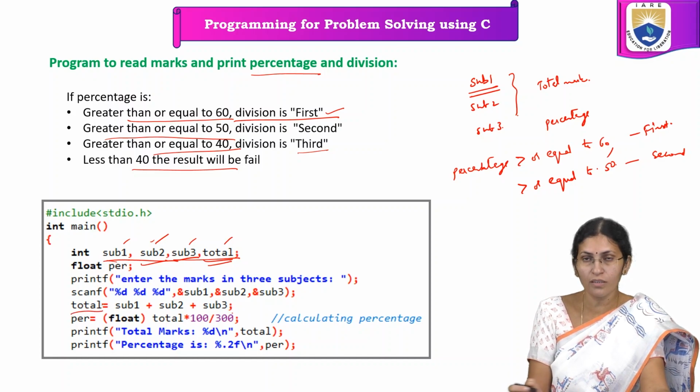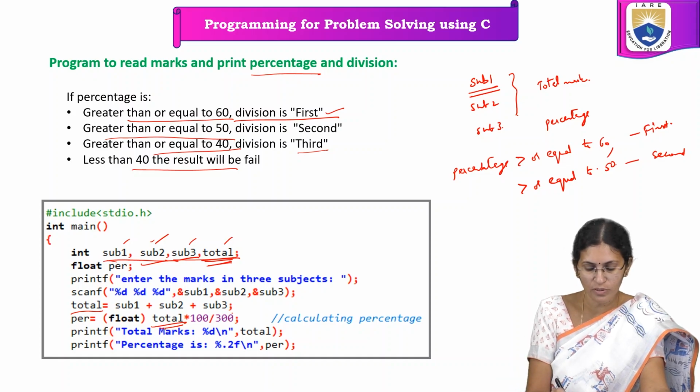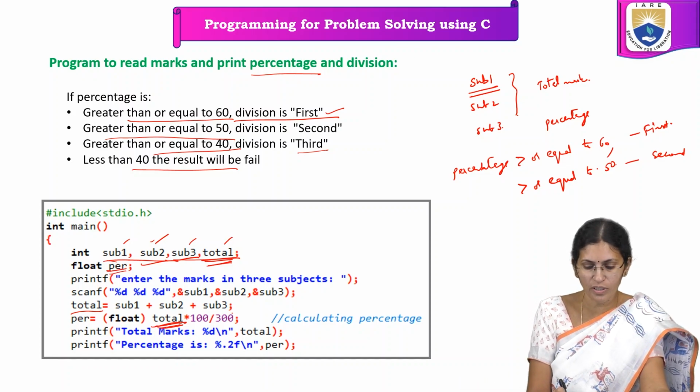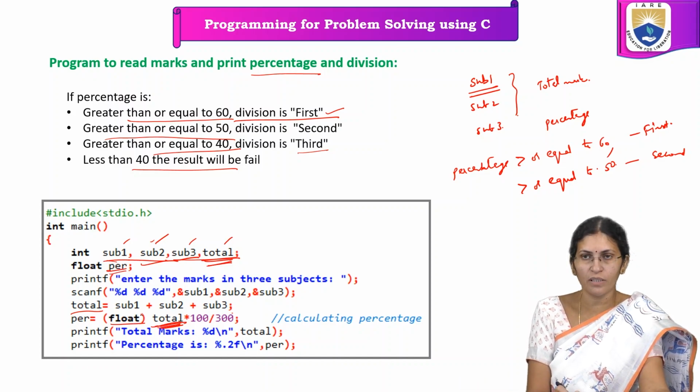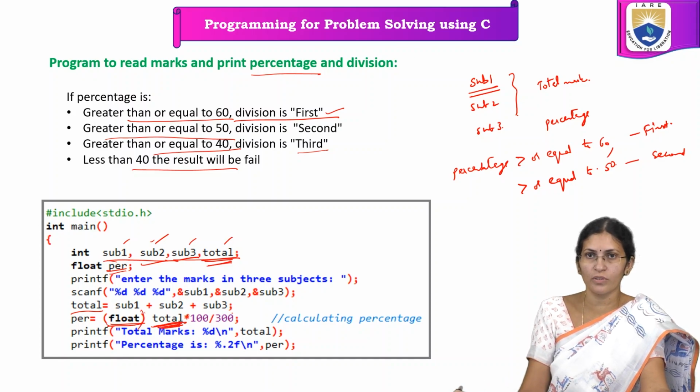Since total is declared as an integer variable, and percentage is a float variable, we need to convert it to float by using the typecasting method. So this is how you can typecast or change the data type of the total variable.